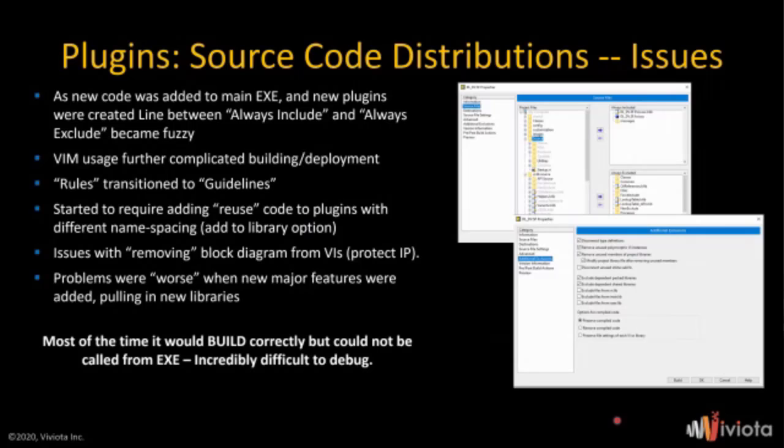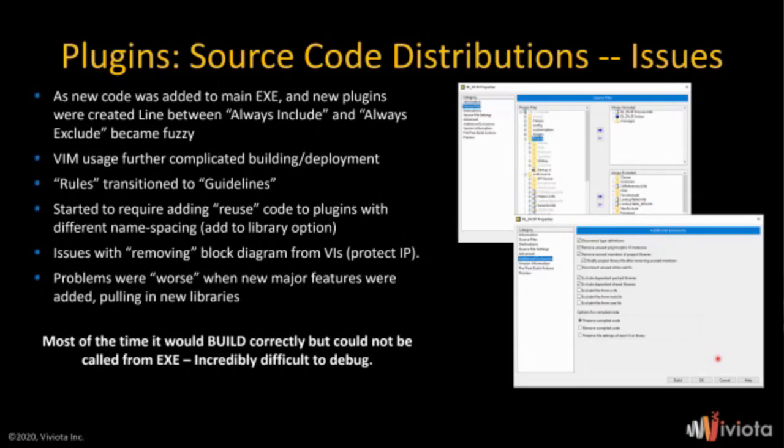Just lots of problems. You can see over on the right, we actually have one of the build specs for one of the plugins that we managed to create. You can see the collection of stuff that's almost randomly selected and excluded down here. The options for the additional exclusions became very confusing and didn't really work that well.